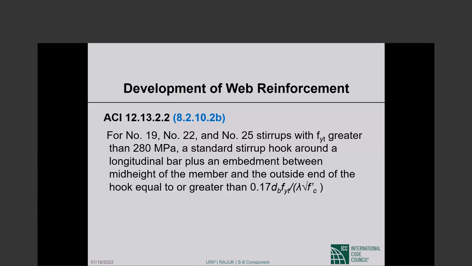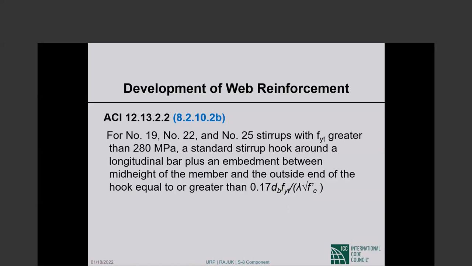So you have to have a minimum distance between the hook and the mid height of the member. Again, if you fall short, then you probably have to go with a thinner bar for the stirrup. The d sub b has to decrease. Decreasing f sub yt does not make a lot of sense, and increasing concrete strength will probably also not make a lot of sense. But normally you wouldn't have that problem.